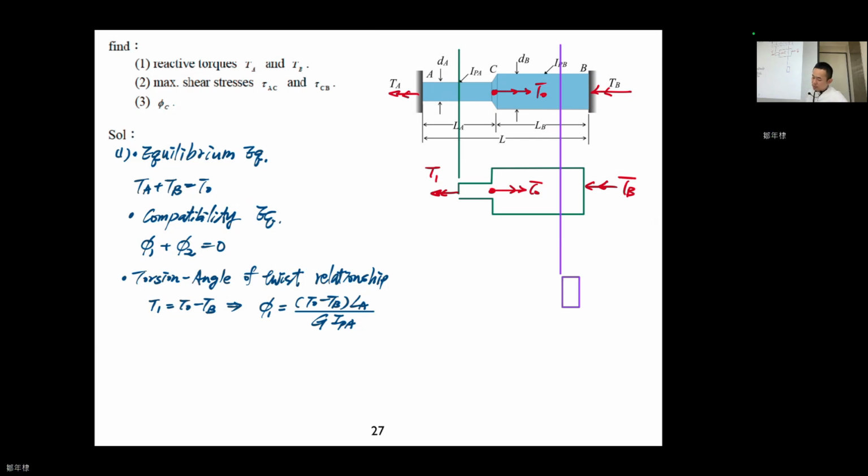Okay, we leave the right-hand side, and this is TB, and this is T2, the section 2 internal torsion.